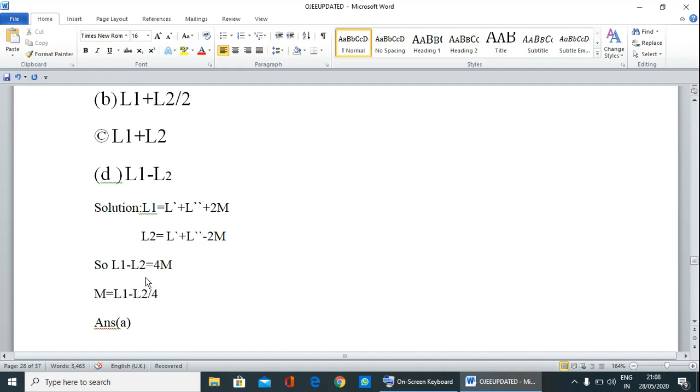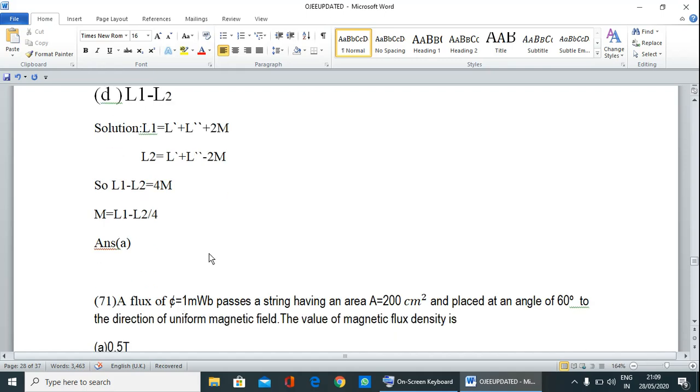Therefore, L1 minus L2: these two will be cancelled, then this will be plus 2M, and this minus sign will be plus, therefore it will be total 4M. Therefore M is equal to (L1 minus L2) by 4. Answer A is the correct answer.